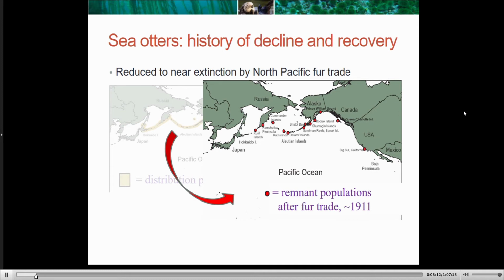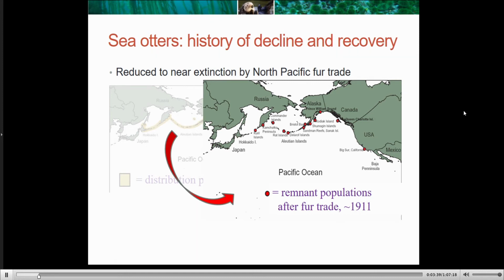The little red dots on this map show the areas where, based on subsequent patterns of population recovery, we are reasonably certain there must have been remnant populations. From the historical records at the time, some of these were probably only about a dozen animals. It's thought that there were only a few hundred to maybe 1,000 or a couple thousand at most otters worldwide at that time.